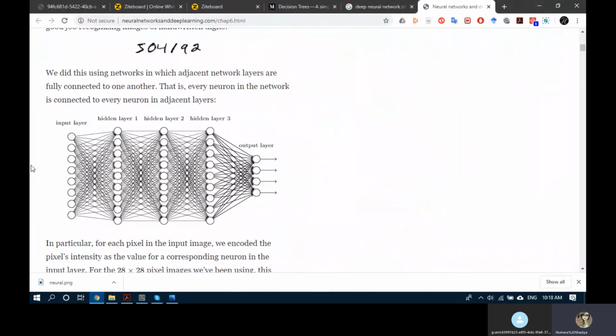Neural network simulates the behavior of the human brain. The human brain also has neurons, and neurons are connected. They have a certain kind of weight, and all that kind of modeling is done in computer software.